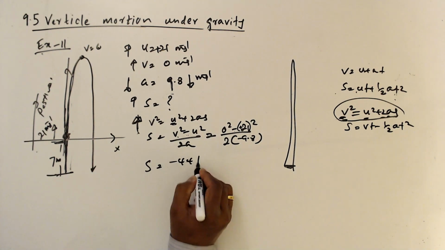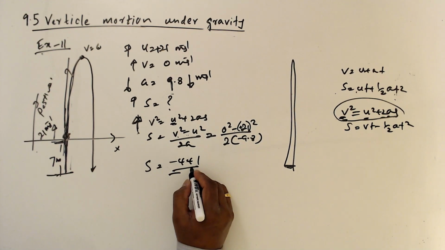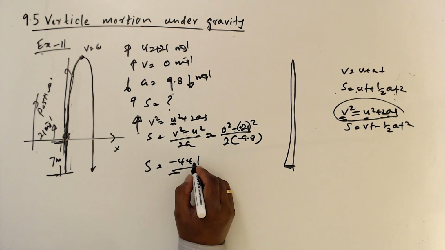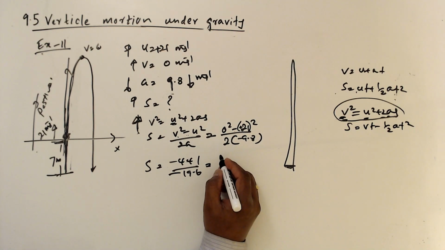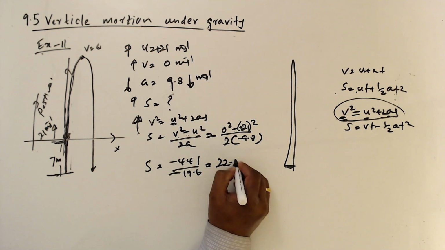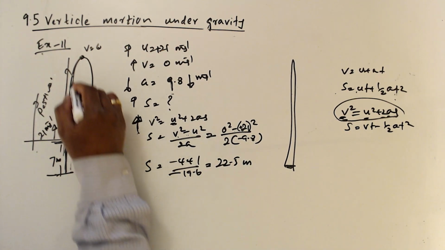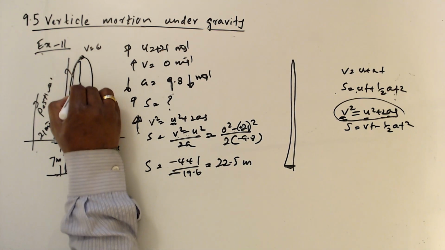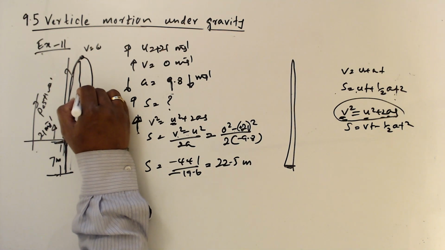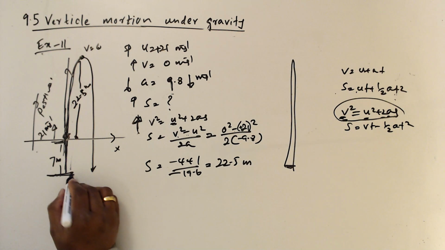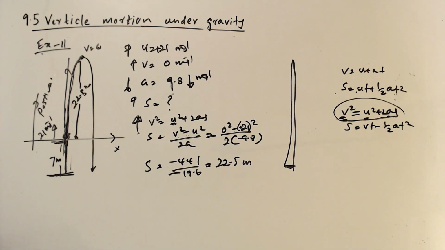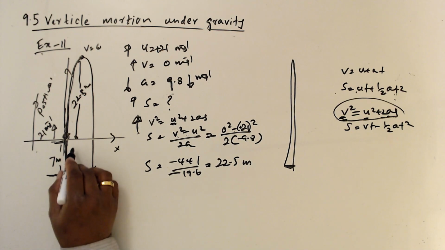Negative 441 divided by negative 19.6. So the answer is going to be 22.5 meter. So from here to here, the distance is 22.5 meter. Then the maximum height from the floor, from the ground, so we have to add this 7 as well.